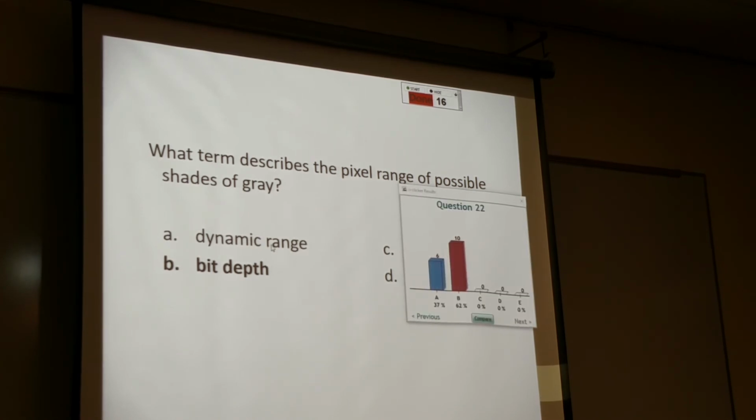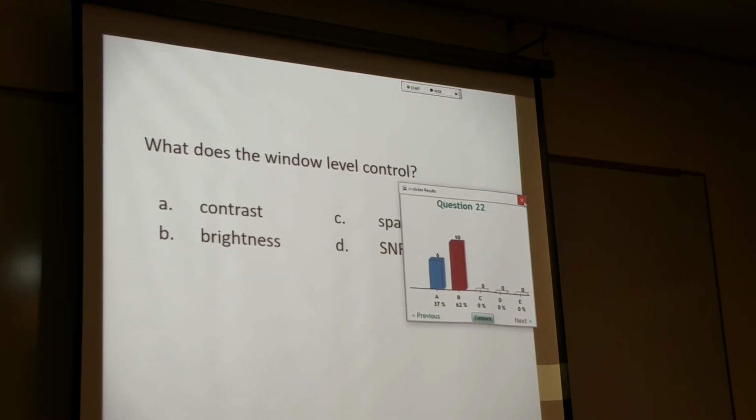Okay, dynamic range is more of the system, whereas bit depth refers to the pixel itself. The system can have more of a range due to other things, but bit depth is specifically the pixel's ability to display that. So that's the difference between the two.